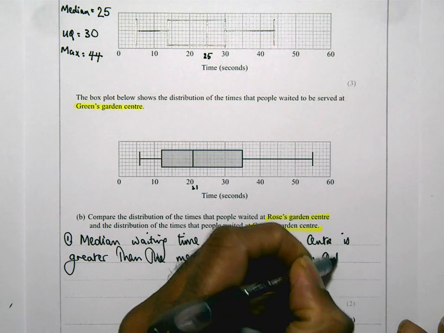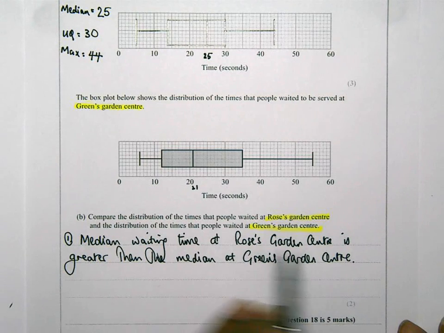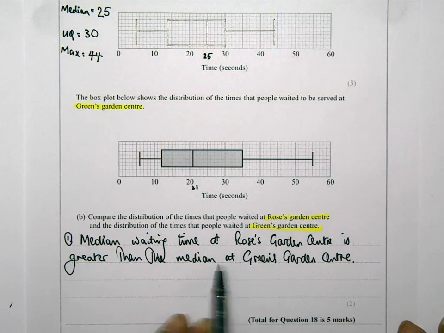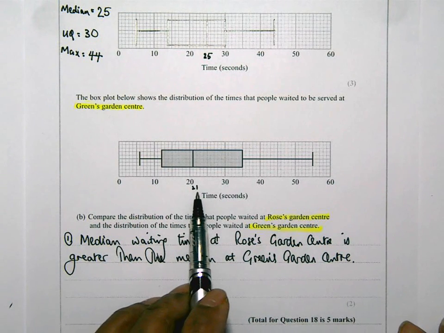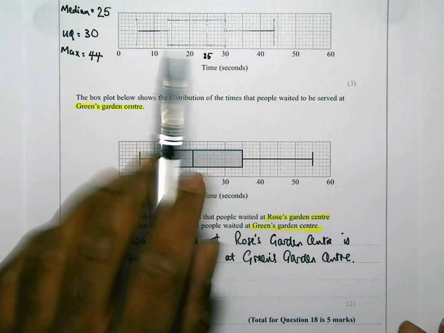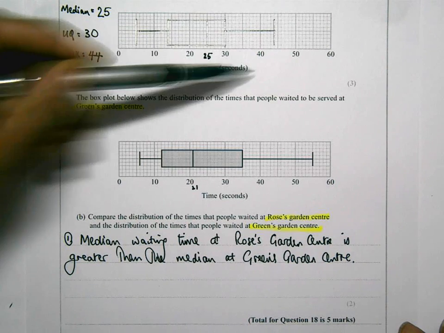Okay, just have a look at that. The median waiting time at Rose's Garden Center is greater than the median at Green's Garden Center. At Green's Garden Center, the waiting time is 21 minutes. At Rose's Garden Center, the median is 25 minutes. So you can see that as you compare this, the median is further up the scale in Rose's than it is in Green's.